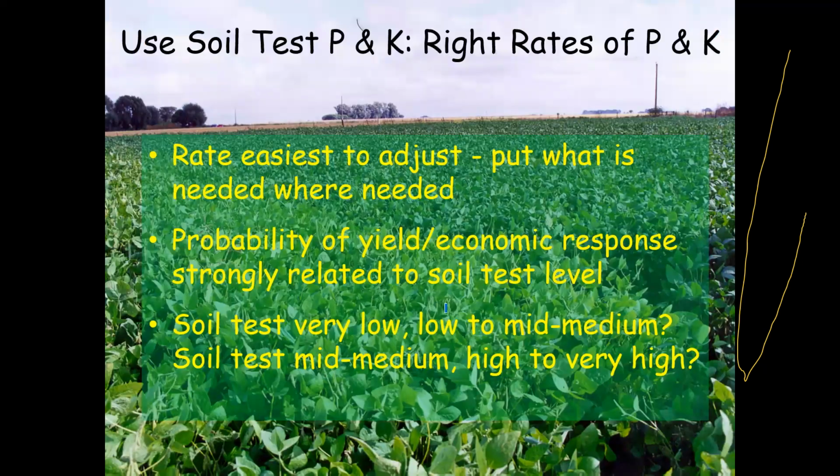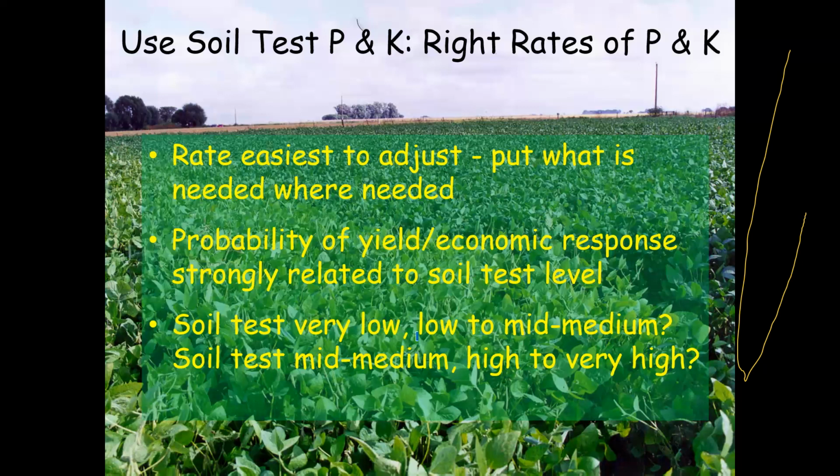You use soil test P and K information to get to what we call the right rate. The rate is by far the easiest thing to adjust among the 4 R's. The others tend to be a little pricier to change. It allows you to put what's needed where it's needed. And we want people to think of these low, medium categories as another expression of the probability of a yield or economic response that is strongly related to them.